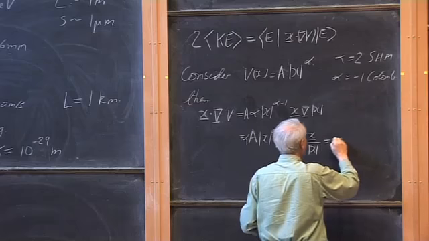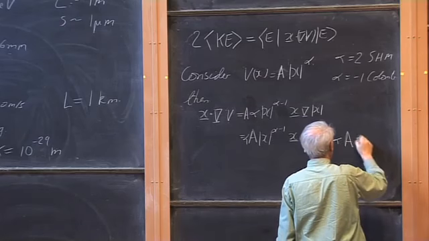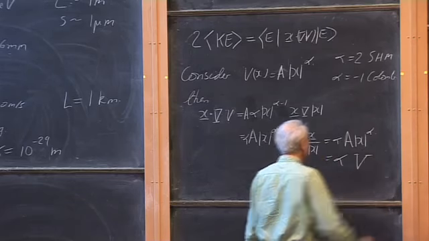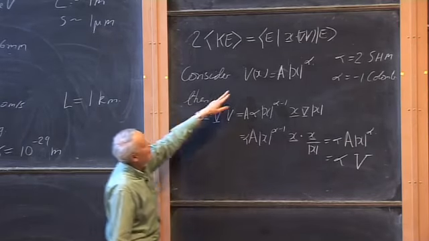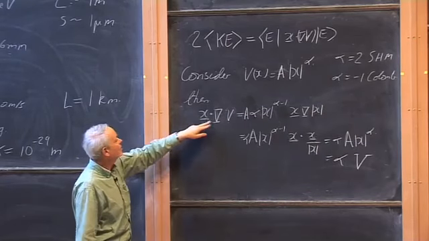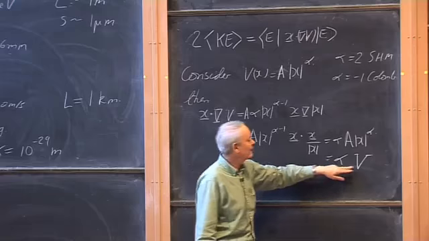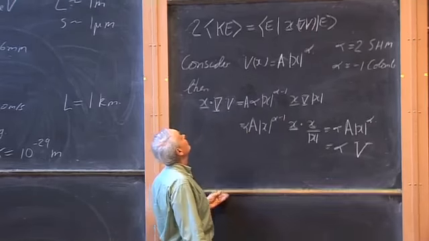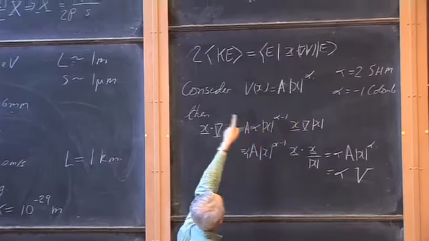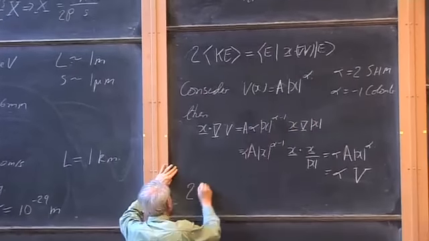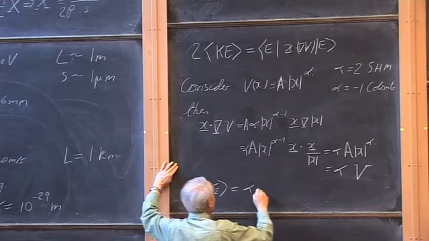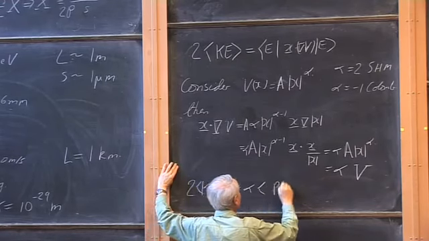This is going to be alpha times A mod x to the alpha, which is alpha times V. So if V has a power law dependence on distance from the origin, then x dot grad V is simply alpha times V. So when we put this result back into this statement here, we have that twice the expectation value of the KE is equal to alpha times the expectation value of the potential energy.